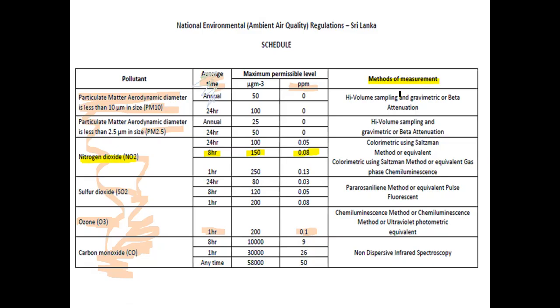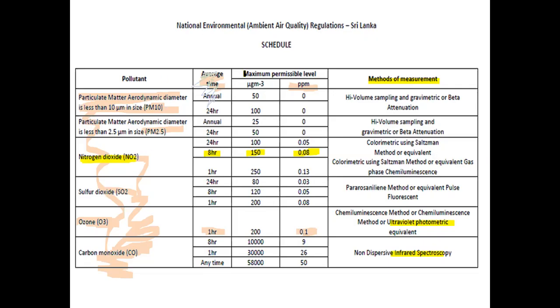No need to remember all these things for your exam, but when you get these annexes, by looking at them, you should be able to understand what equipment or instruments we have to use to measure those things. For carbon monoxide, we can use infrared spectrometry. Likewise, the ultraviolet photometric method is used here. No need to remember for the exam.